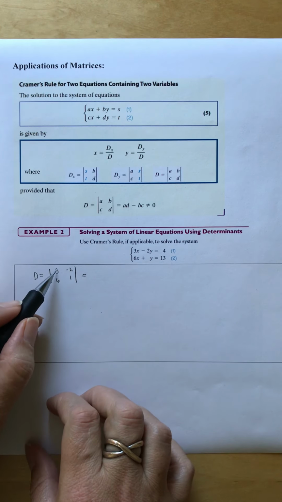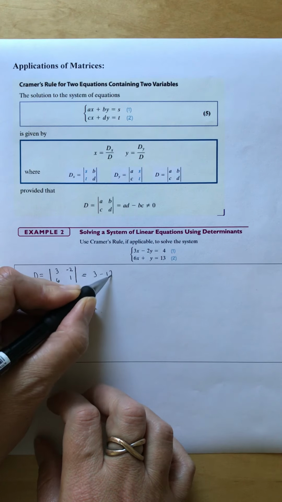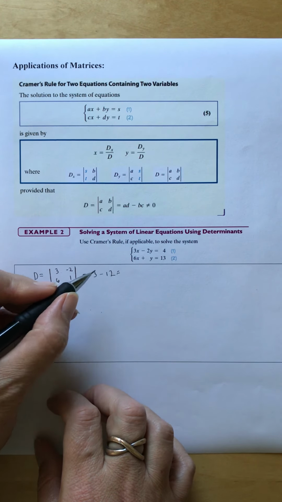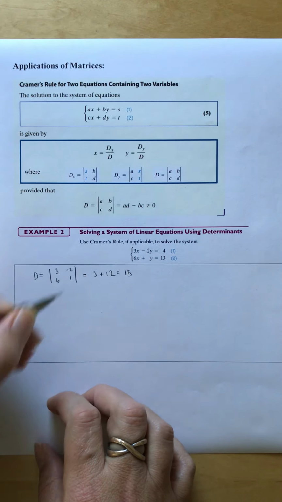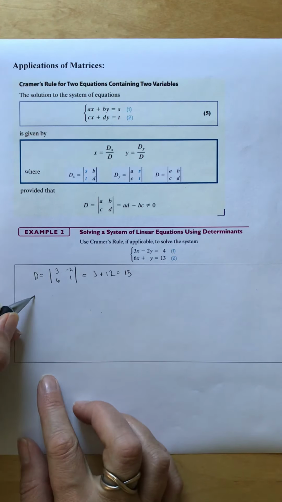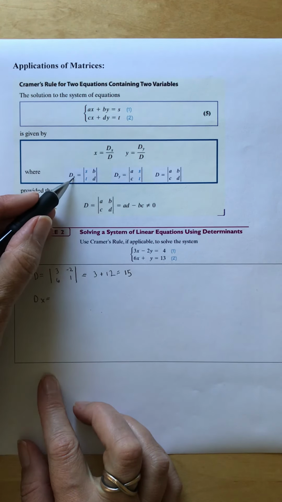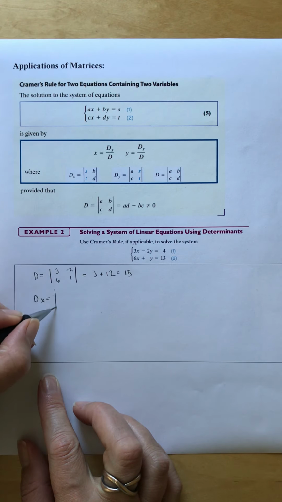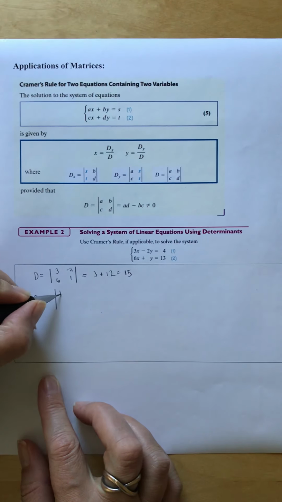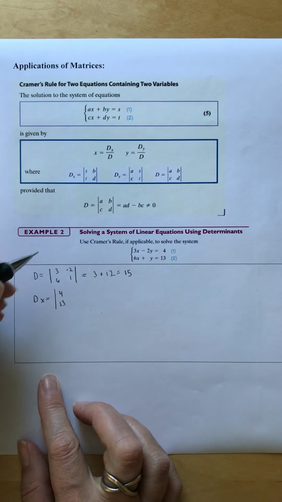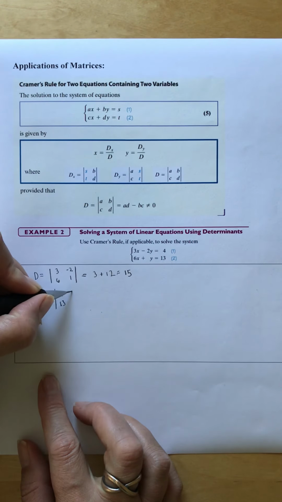But this determinant is 3 minus 12. 3 minus a -12, or 15. And then according to this formula here, determinant sub x has the constants, which are the ends here, 4 and 13, and then b and d, the y coefficients.